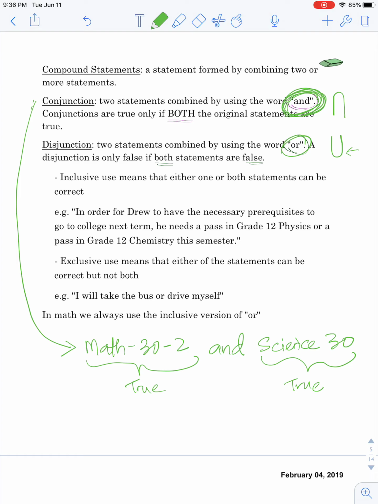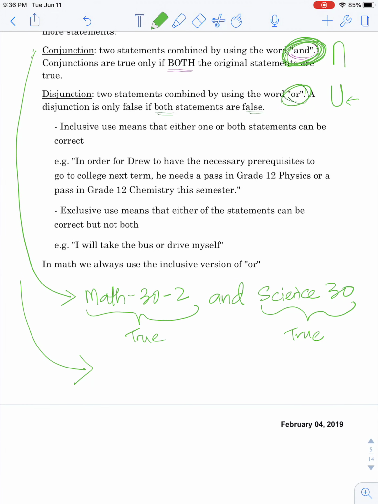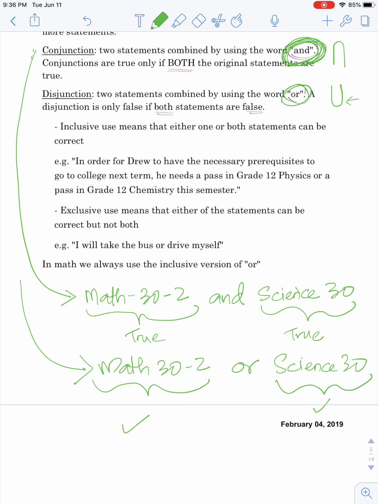Now this is the second example that I'm going to give you. In order to get into nursing, Karishma must have either math or science. So if she satisfies one of these conditions, she gets into nursing, either math or science or both.